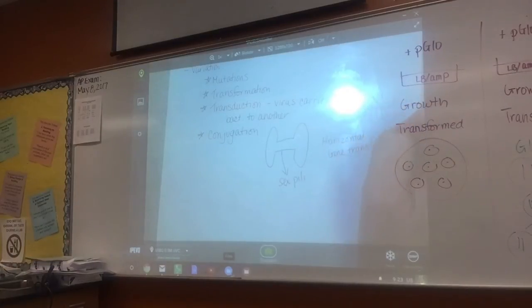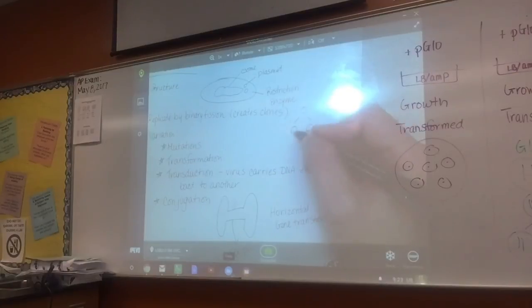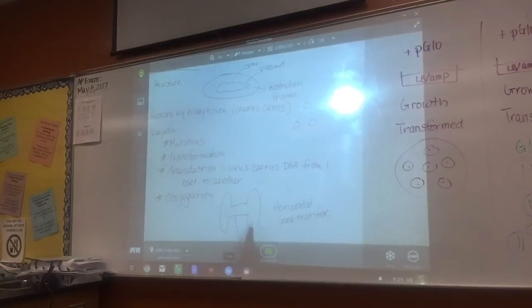Because normally we have vertical gene transfer, meaning when bacteria reproduce, you don't get any genetic variation. They get genetic variation from one organism to the next, swapping DNA. We get genetic variation by two parents having kids, and those kids get new combinations of genes.